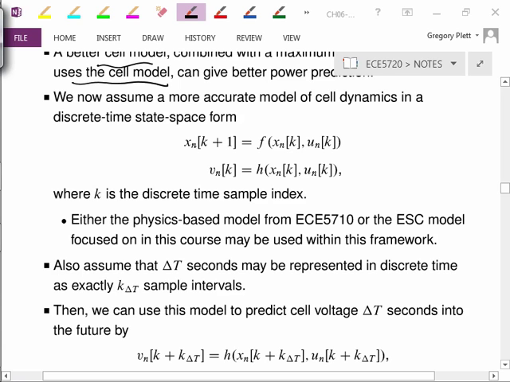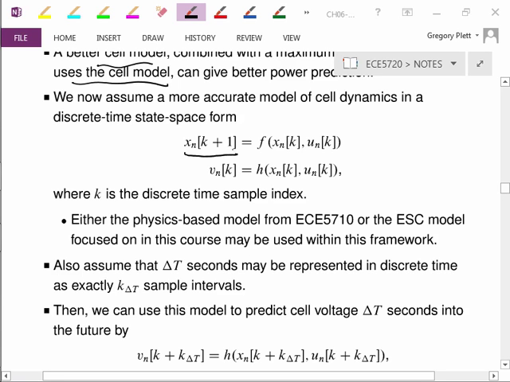So this is x_n, where n is the nth cell, so each cell has its own state equation. x_n at time k+1 is some nonlinear function of x_n at time k and u_n at time k. Just like we've seen already, this model could be the physics-based model from the previous course, or it could be the enhanced self-correcting model that we use as the focus of this course.